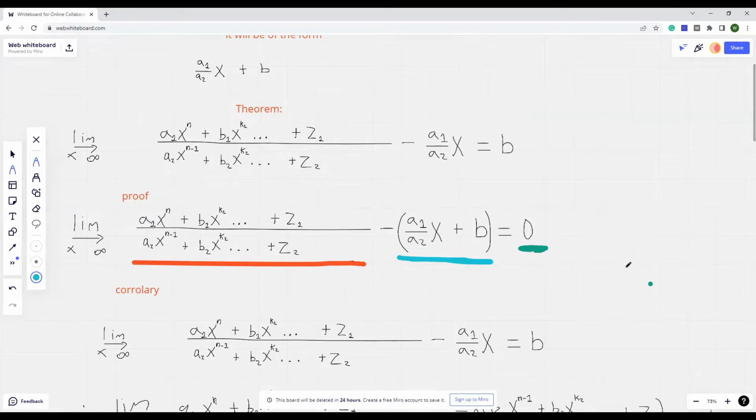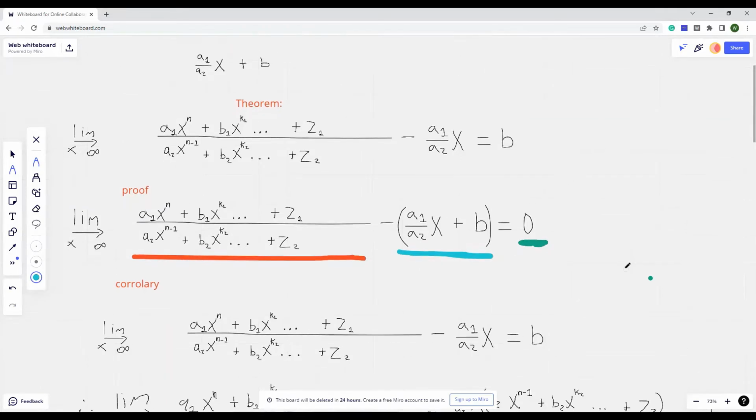Therefore, we know the limit as x approaches infinity of the difference between them equals b. Perfect.